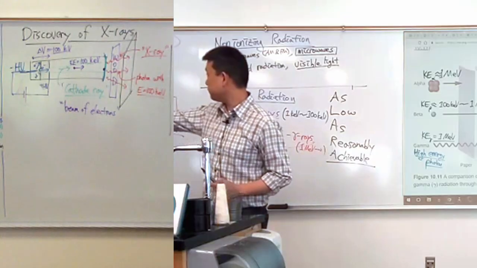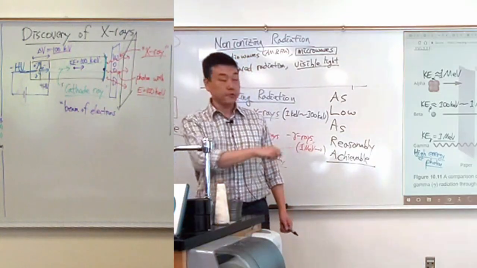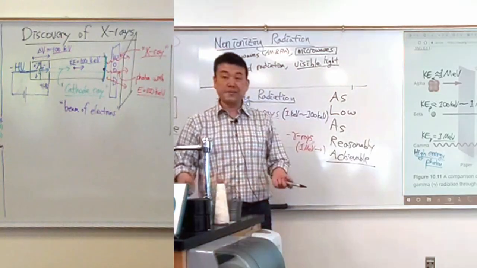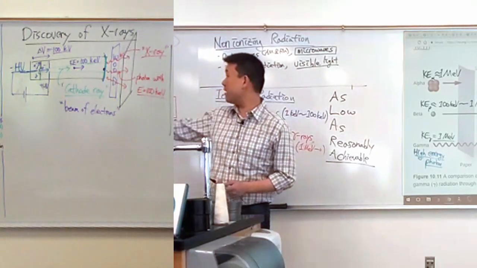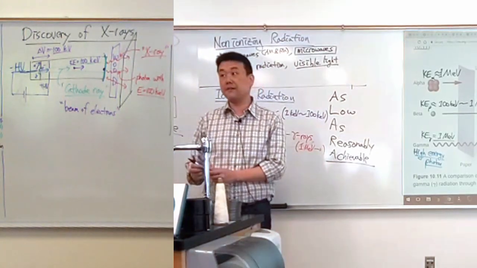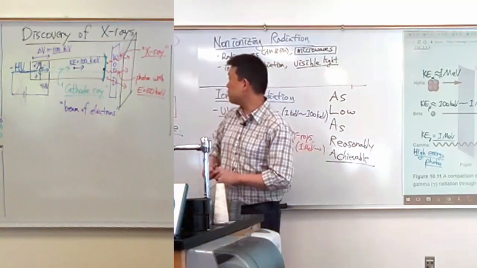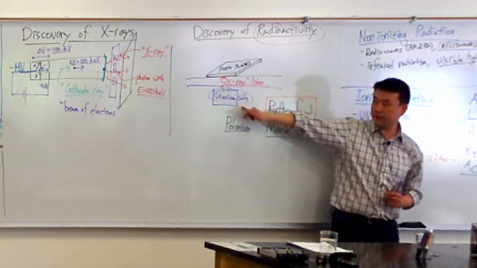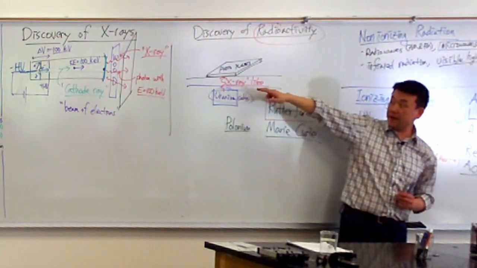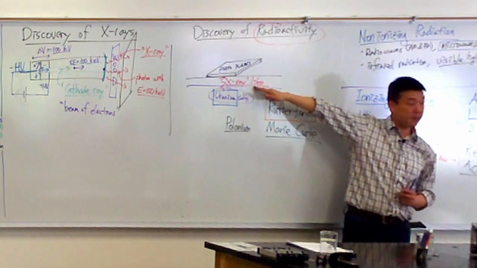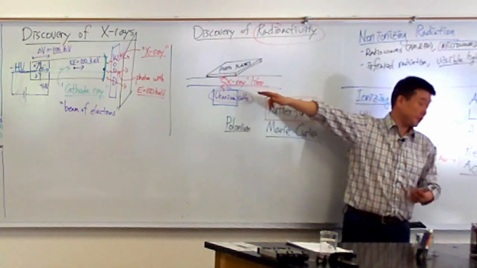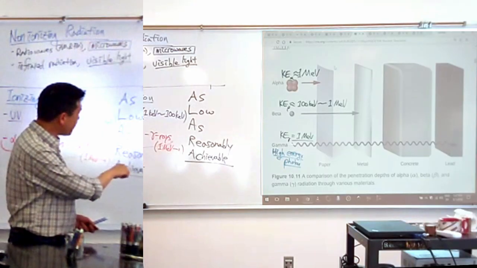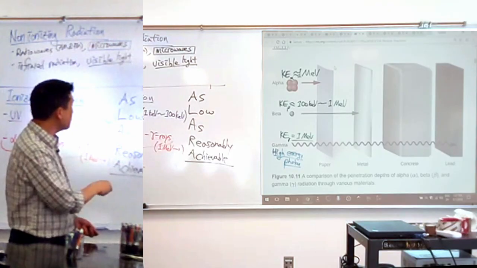X-ray is a photon. Gamma ray is a photon. And at the low energy limit of gamma ray, it will be indistinguishable from the high energy limit of X-ray, because it's the same thing. And so when you think back to here, the component of radioactivity that was behaving like X-ray, that was the gamma ray. So that's the component of radioactivity that penetrates through most material.